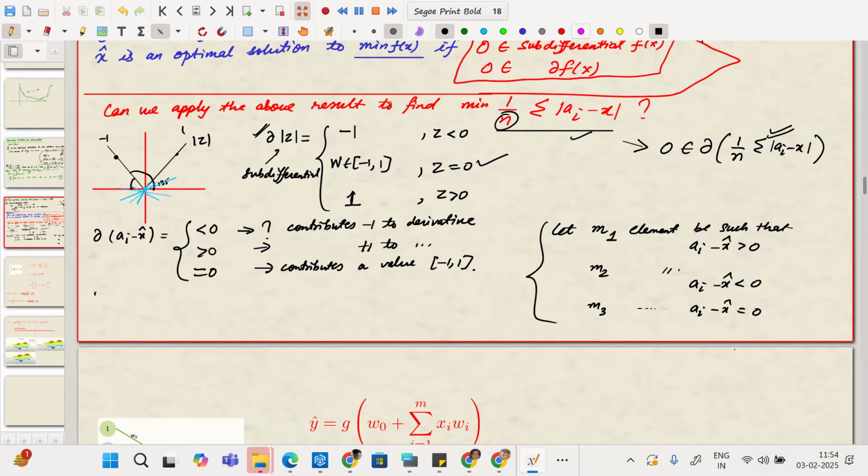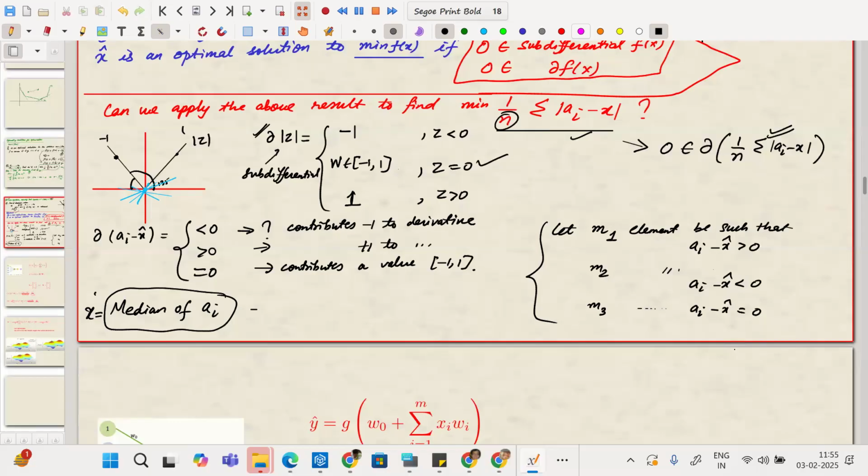You need to sum these elements up. You need to count how many elements are giving you less than 0, how many elements are giving you greater than 0, and so on. You will come to know the final result will be the median of AIs. So x equal to the median of AIs will optimize this.